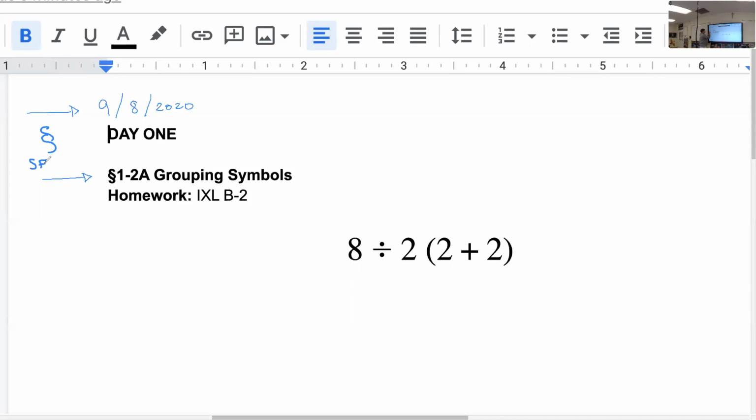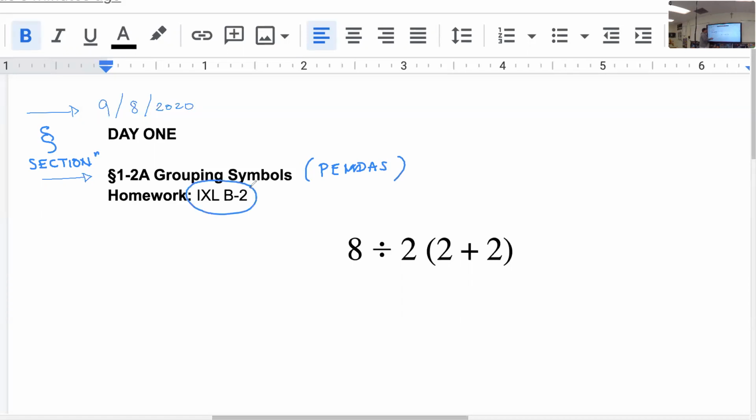I don't think I ever saw it when I was in middle school, so you guys are crazy ahead of where Mr. Cubic was at the time. So that's section 1.2. We're doing 2 nights of it on A. We're doing grouping symbols, which, just so you guys know, is just PEMDAS. Okay? And then your homework is going to be IXL.